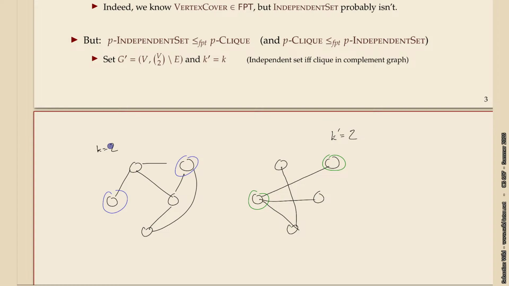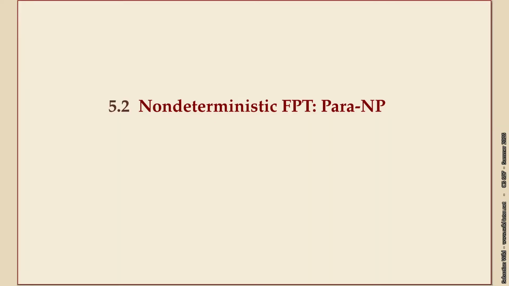So this means the independent set and clique problem are also in the parameterized sense equally hard. Okay. We've defined reductions. The next bit is to define hard problems or complete problems for a certain class.